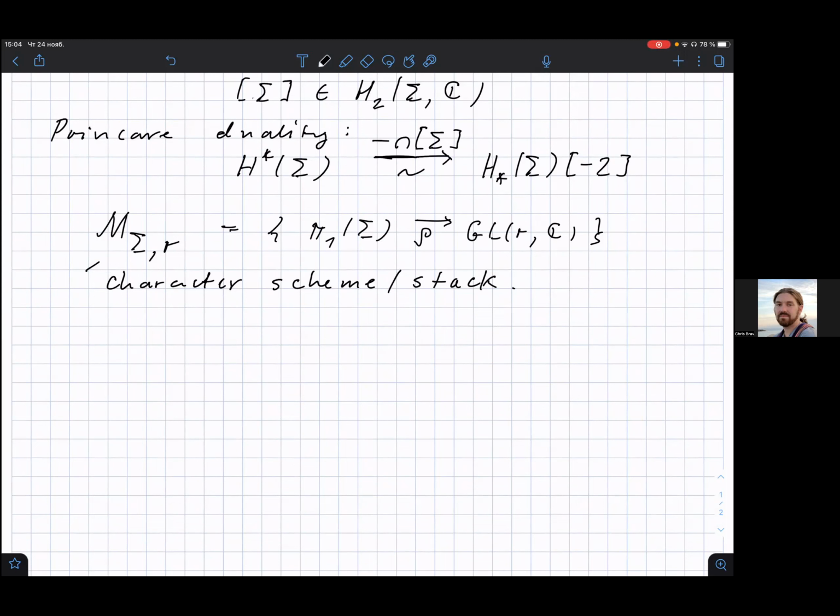And then maybe you take the quotient of that affine variety by conjugation by GL. So this gives some moduli space of rank R representations. And that's the algebraic description of what points of this moduli space are.